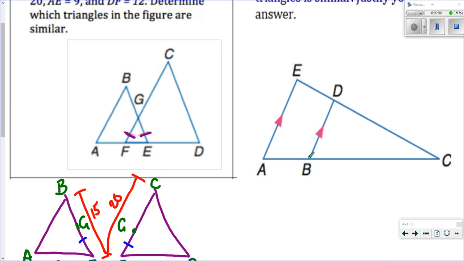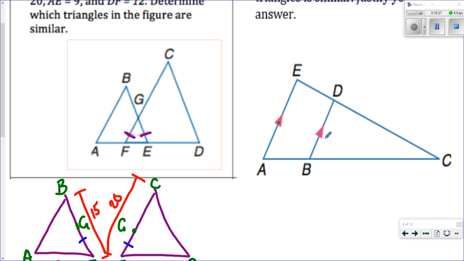So they didn't give us any numbers or anything, but there's a clue that they're giving us. These arrowheads tell us that these two lines are parallel. And if we can go back to when we learned about special angle pairs with parallel lines and a transversal, we learned about corresponding angles, we learned about alternate exterior angles, and also linear pairs, all that stuff.